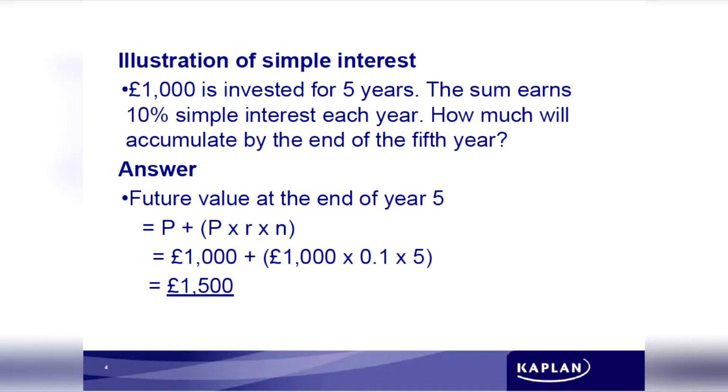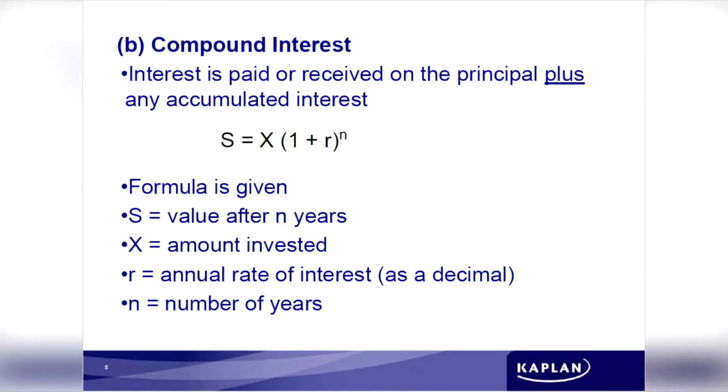The total now, 1,500. Now let us contrast this simple interest with the more common but a bit more complicated compound interest. Now with compound interest, the interest is paid or received on the principal plus all the accrued interest. It's interest based on the principal plus any accumulated interest.